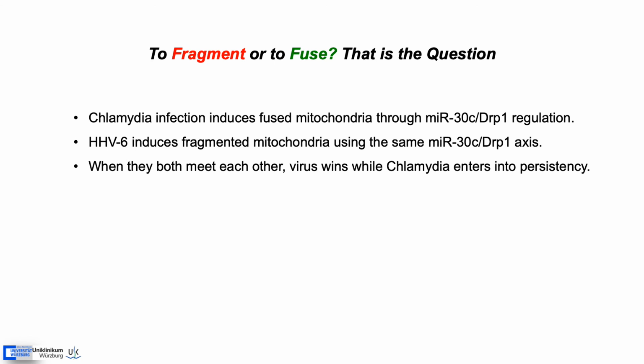However, HHV-6 induces fragmented mitochondria using the same microRNA 30c DRP1 axis. When they both meet each other in a single cell, it seems that the virus wins while Chlamydia enters into a stage of persistency.